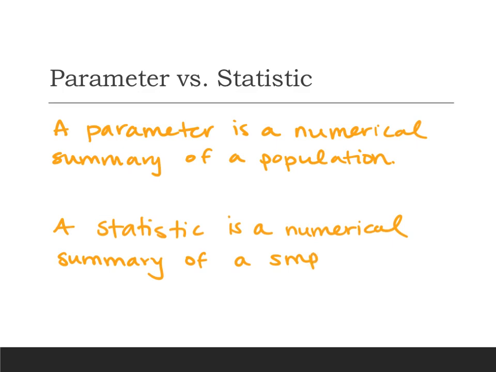Oops, didn't spell that right. I left my A out. Let me try that again. There we go. Now, a lot of times you may hear a parameter that's given and it be called a statistic. Know that there is a difference between a parameter and a statistic.